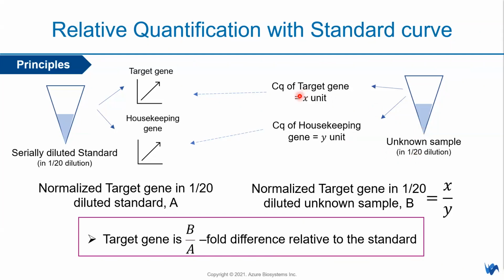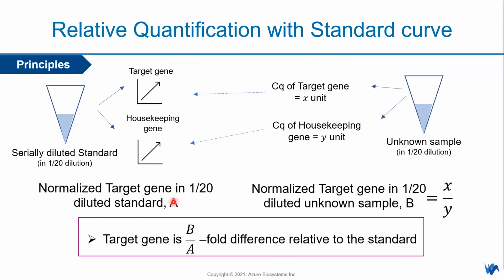From this CQ value, you plot and get the arbitrary amount or copy number from the standard curve. Here are the equation and calculation steps. So the normalized target gene in the 1 in 20 diluted standard will be A, right?